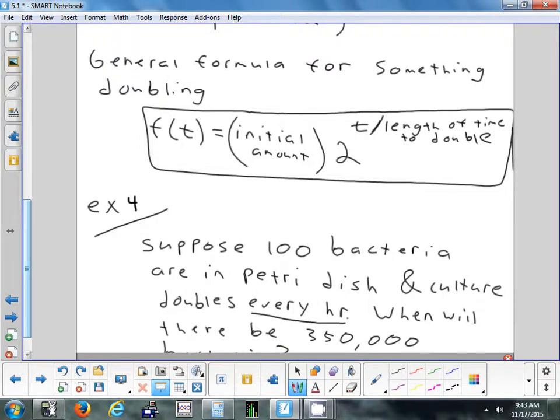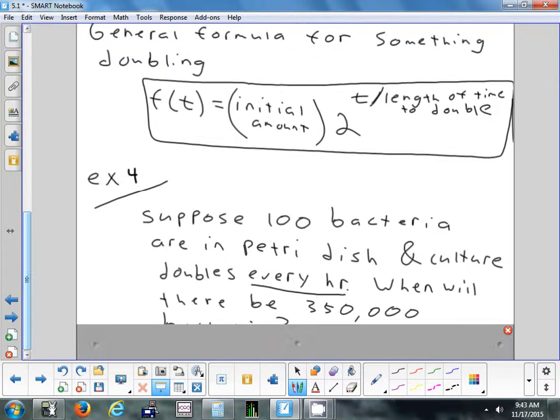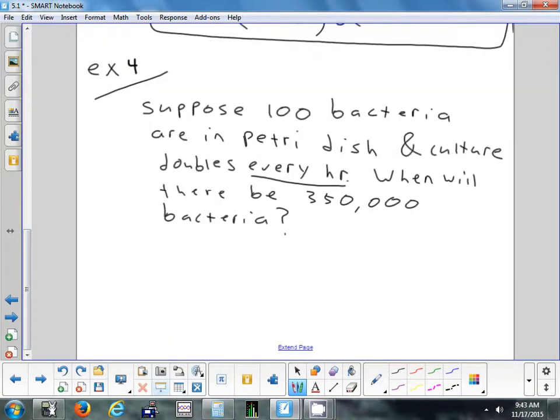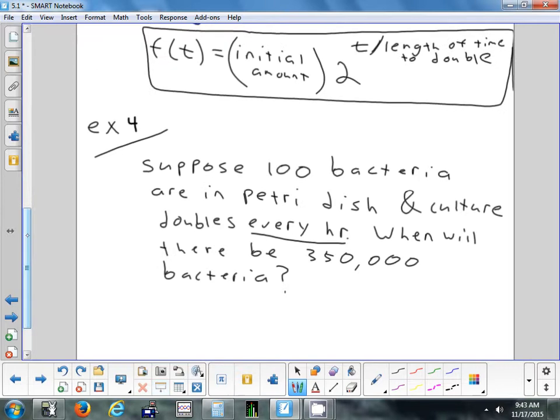This one says, suppose you have 100 bacteria. It doubles every hour. I want to know how long before I hit 350,000 bacteria. So we'll find our amount of bacteria as a function of time. What's my formula going to be for this one? 100.